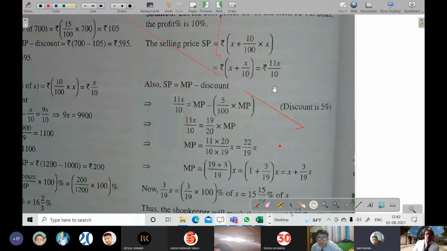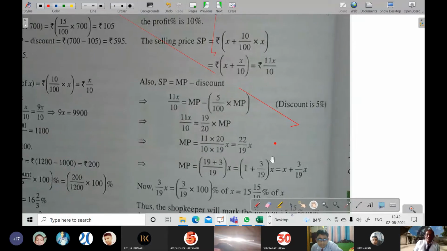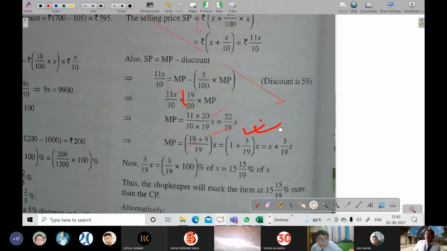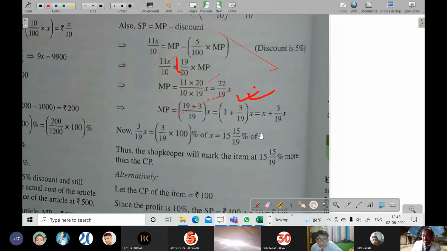So when this 19 by 20 goes over to this side, then 20 goes up and 19 comes down. As you can see, 11 into 20 by 10 into 19. That means 22 by 19x. So this is the MP. But here it has been said MP will be how much bigger than the CP, or what percent of CP will be there in the MP. Now if you see here, it is 19 plus 3. Why?